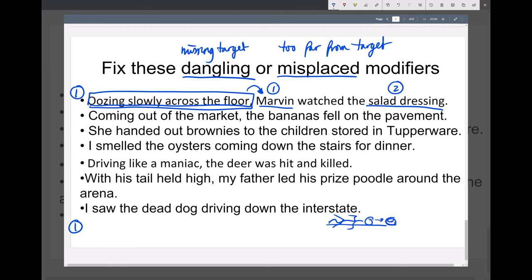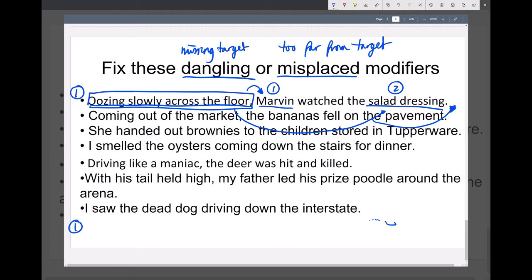But it is Marvin who is oozing slowly across the floor. So instead, we want to place the modifier next to salad dressing. So it can either go before or after. In this case, we put it after because we're describing the salad dressing that Marvin is watching.